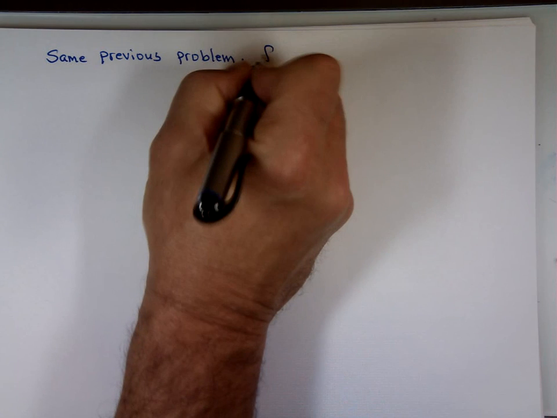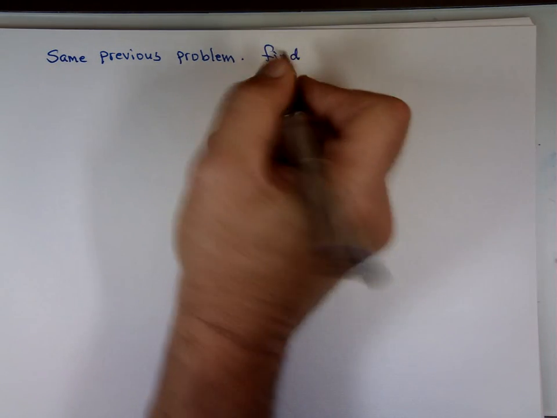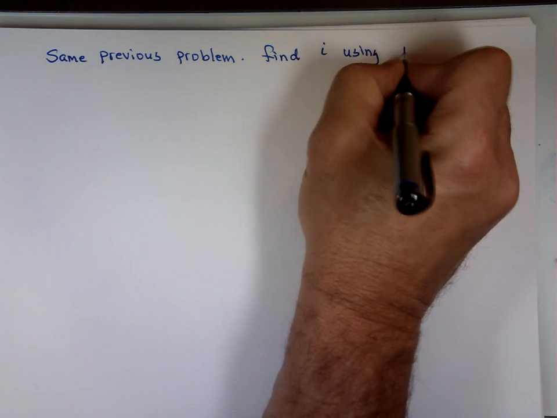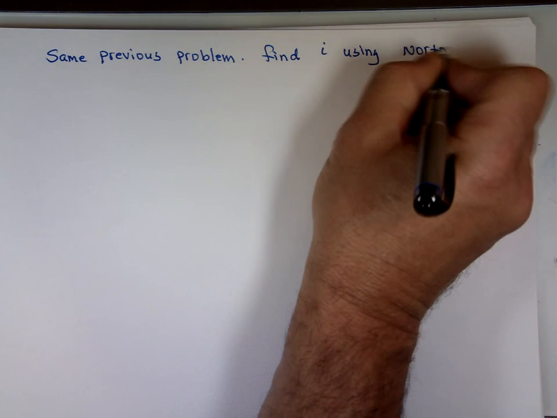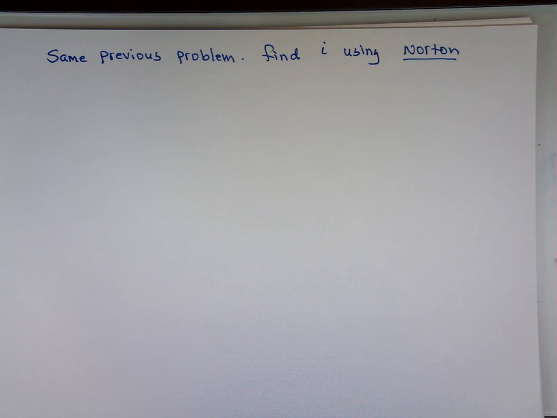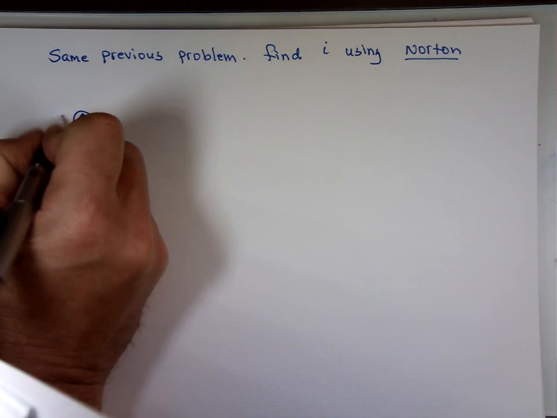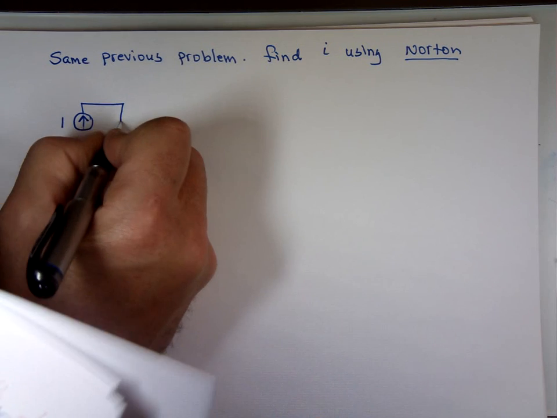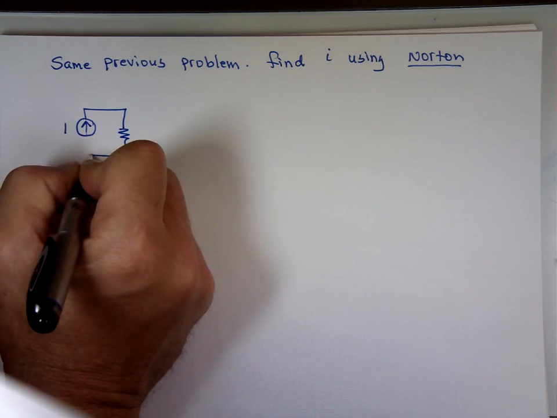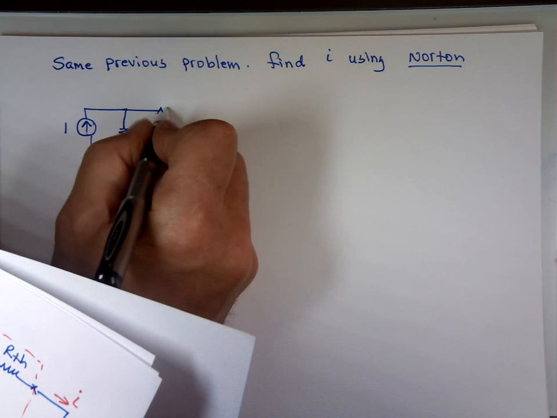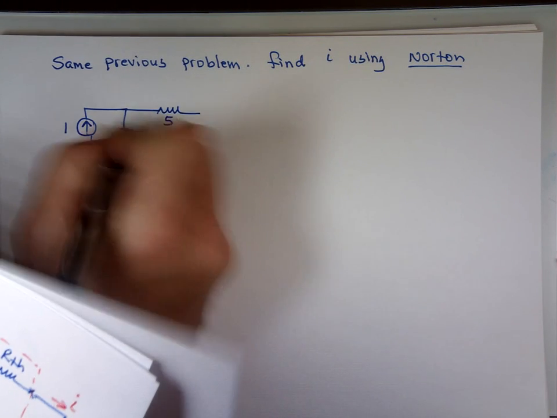Find I using Norton equivalent instead of Thevenin. So again, here's my circuit. In case we forgot, we're repeating the whole thing. The good news is half of it is done. You'll see that because that resistor is the same. R Norton and R Thevenin are the same, so I will not waste your time recalculating R Norton. I'll just take the answer from 2 pages ago.